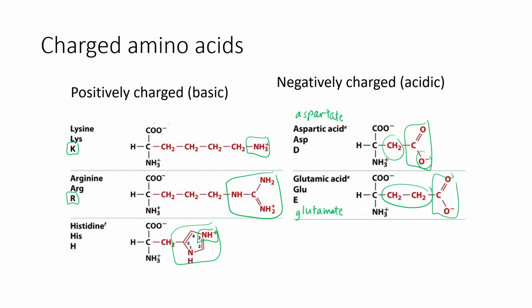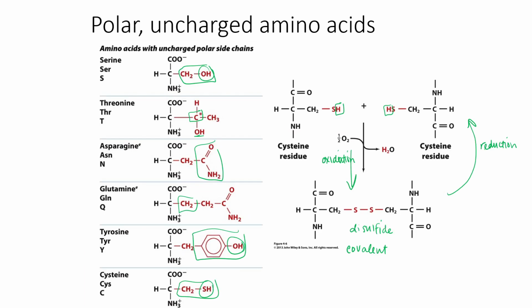And be very careful not to mix up glutamic acid and glutamate with one of our polar amino acids, glutamine. Those are different. Glutamine is a different amino acid. It has this amide group. Something also to note about glutamine, it does have a very unusual one-letter code. Its code is Q. So just keep in mind all of those things.